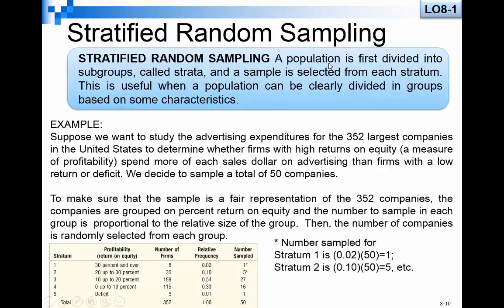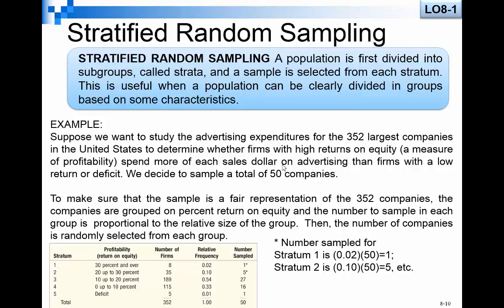Stratified random sampling is to first divide the population into groups, or what's called strata. So maybe we want to organize the members of that population that we just talked about by age groups, and from each age group then we're going to select a certain number of people randomly.